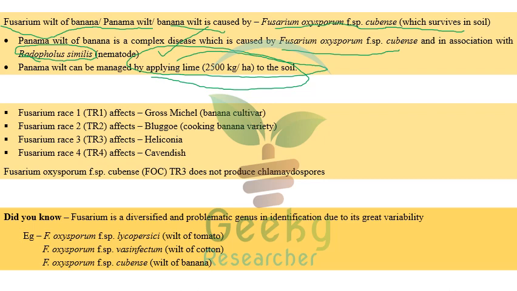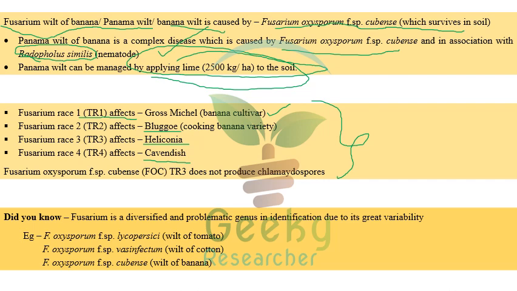And the next one: Fusarium race 1 affects Gros Michel. Fusarium race 2 affects Bluggoe, a cooking banana variety. Fusarium race 3 affects Heliconia, and Fusarium race 4 affects Cavendish. In the meantime, in bacteria also they have Ralstonia solanacearum race 1, race 2, race 3, race 4, race 5.